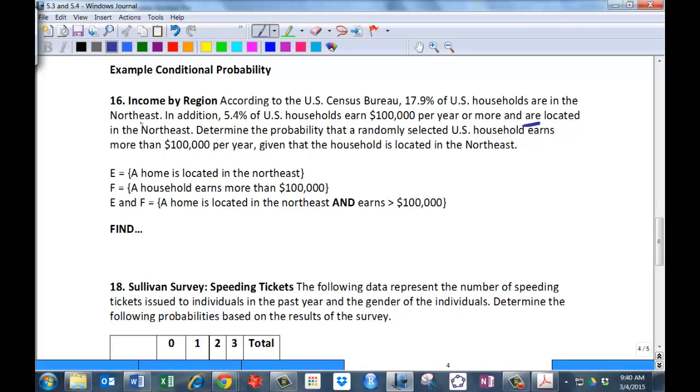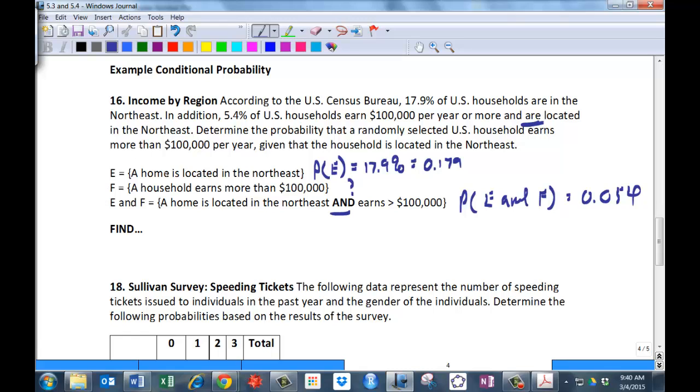Okay, so we've got E, home is located in the Northeast, so the probability of E is 17.9%, or we'll write it as 0.179. Probability of F, we don't know that, but we do know E and F, right? And that's 5.4%, so the probability of E and F is 0.054.